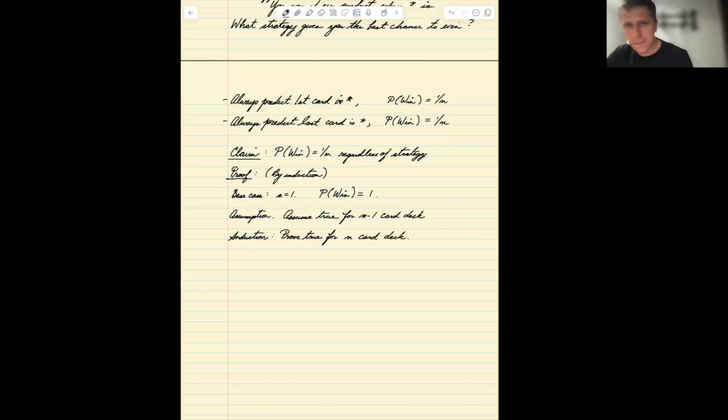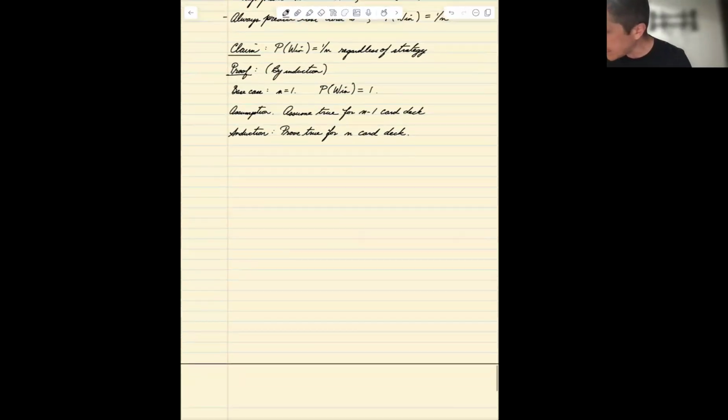Well, the way we're going to do that is we're going to think of how we can break the n card deck. So an n card deck is equal to one card followed by an n-1 card deck.